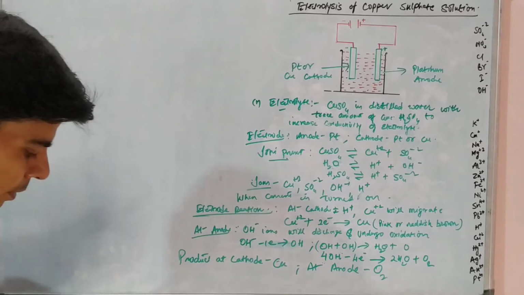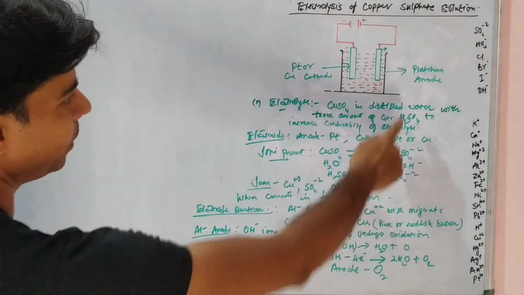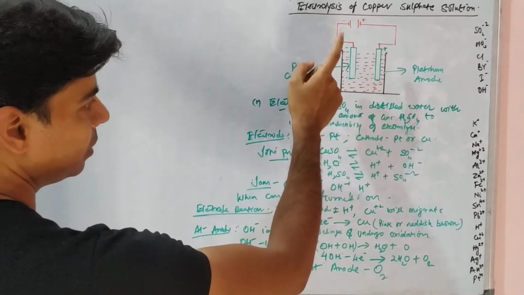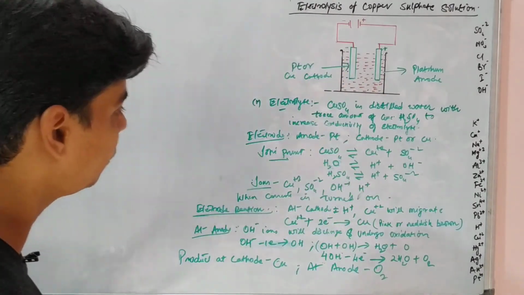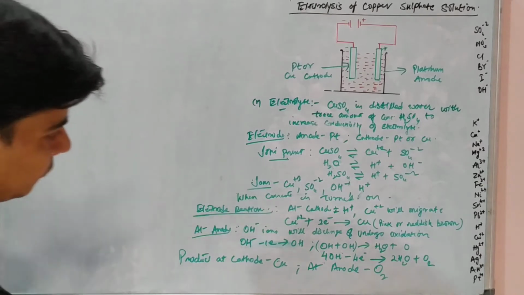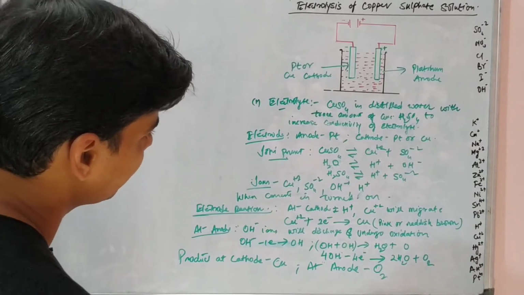This is the case when a platinum anode was used; whether you use a copper or platinum cathode, the product will remain the same. Now we have a second case.